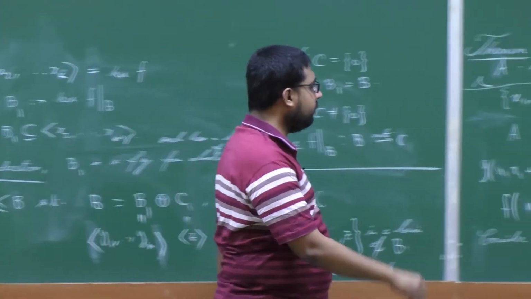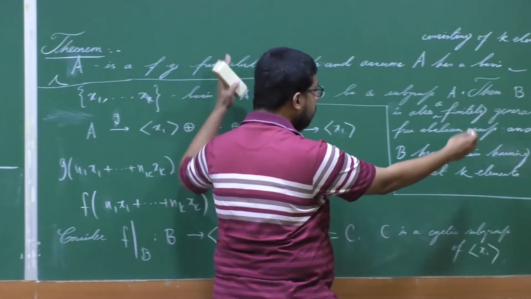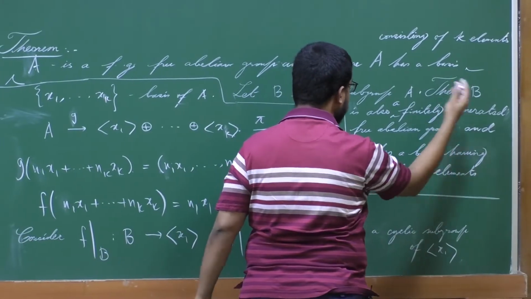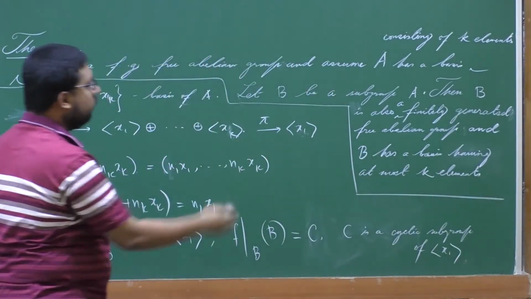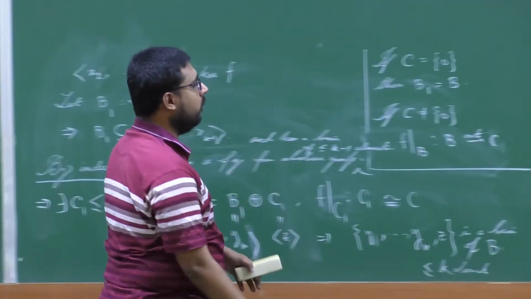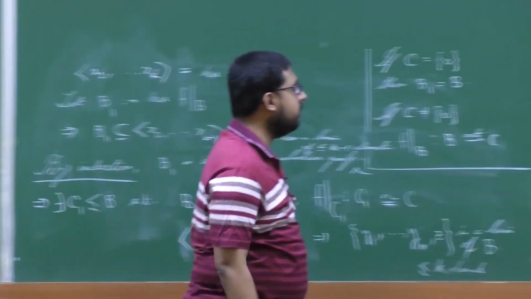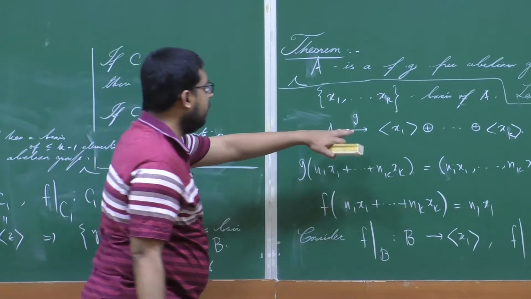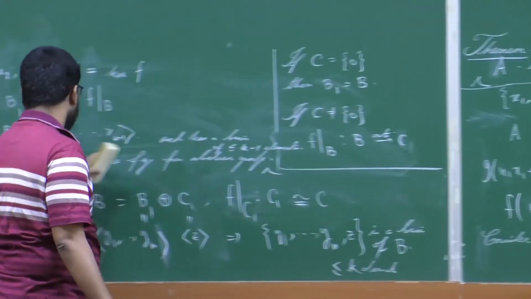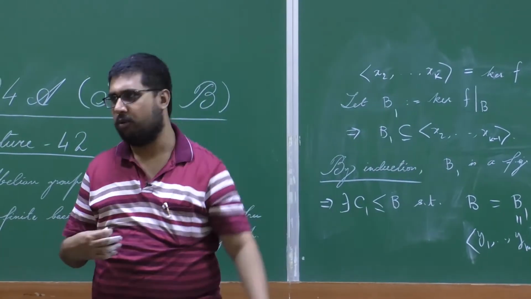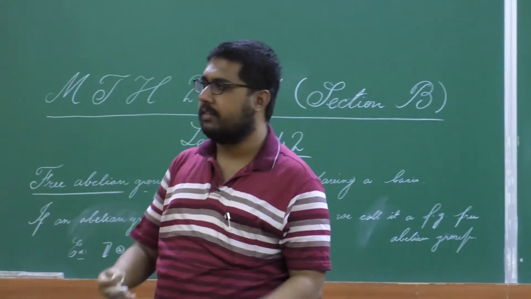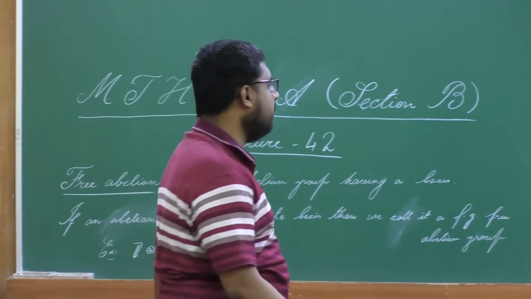So, if this is our full statement, that is, the conclusion is that B is also finitely generated and has a basis having at most k elements, then starting from B, we arrive at B1, which is a subgroup of a finitely generated free abelian group with a basis of at most k minus 1 elements.